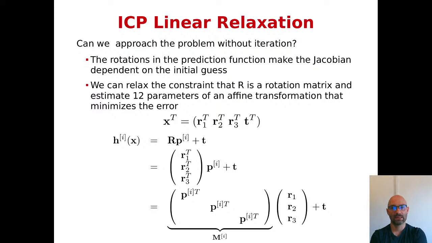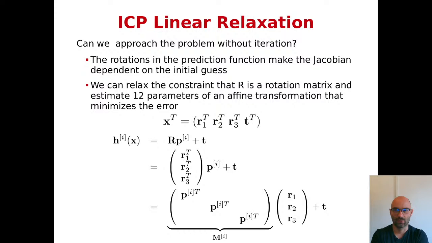And to answer this question, we have to think that there is one condition under which the least squares converges in one go. And this situation is when the Jacobian does not change between iterations. This is the fact. Now the question is, how do we modify the Jacobian? Well, the Jacobian depends on the error function.